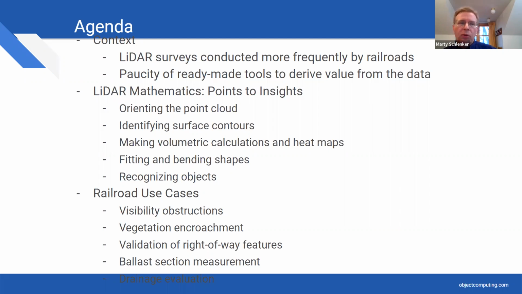Then Daniel will give the real, important body of this presentation in terms of how one goes from the initial sensed data to understanding how it fits and what it means in the railroad context. And then we'll come back over to me and I'll discuss the use cases and the sources of value that come from those cases. And then we'll take your questions.